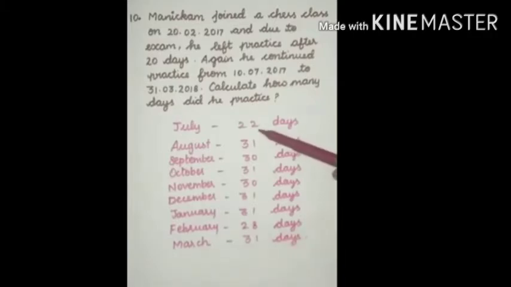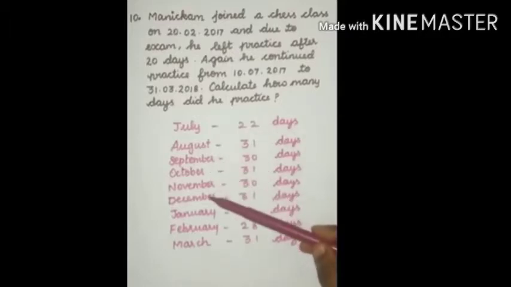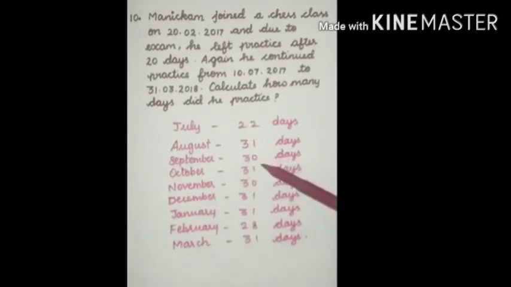In July month he practiced 22 days. Then August, September, October, November, December, January, February, March, full days he practiced. So we have to find the total days. Total days is 265 days. To find the total days, what do you have to do?